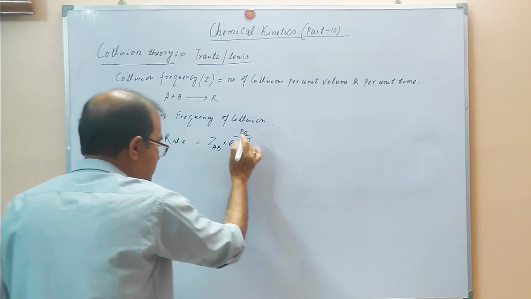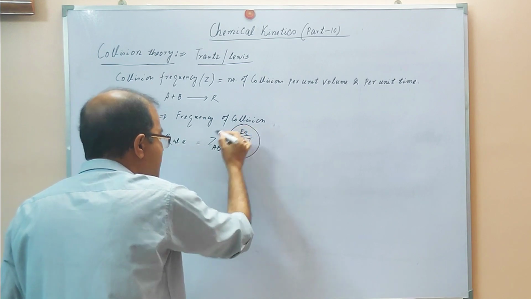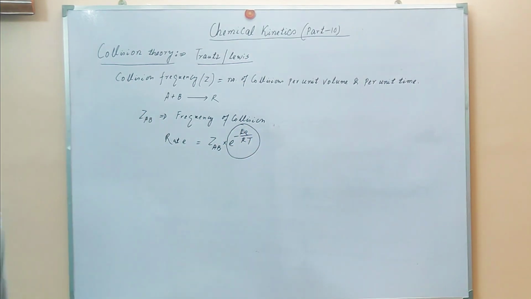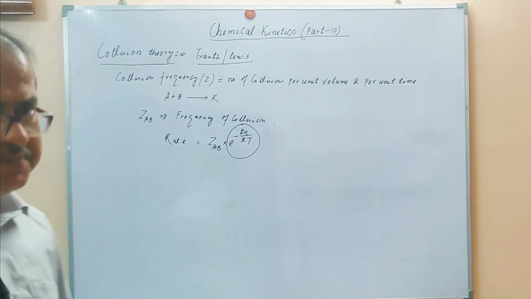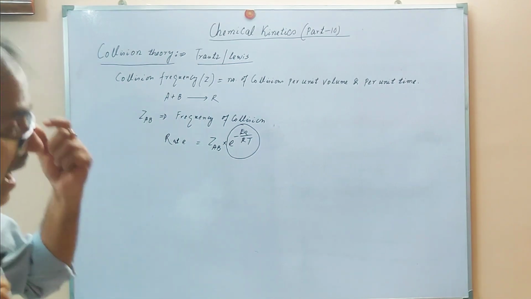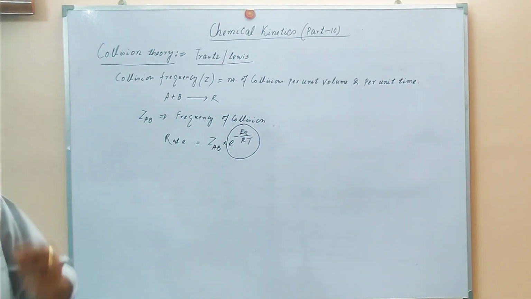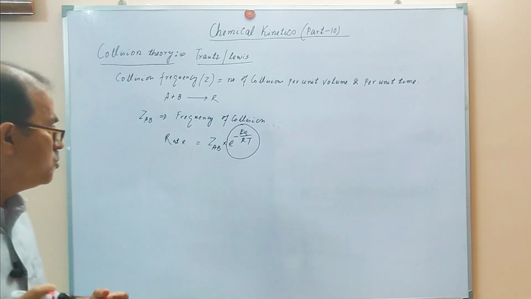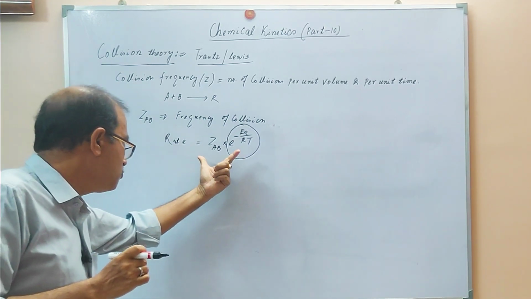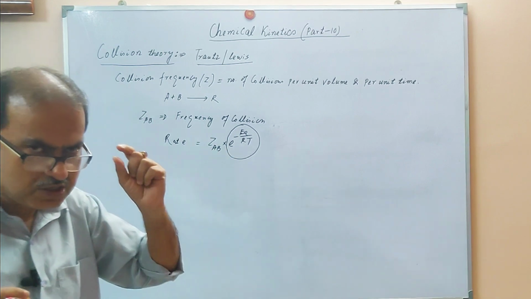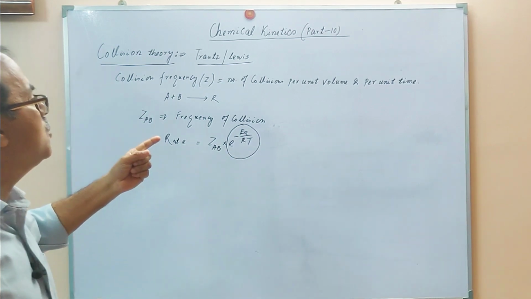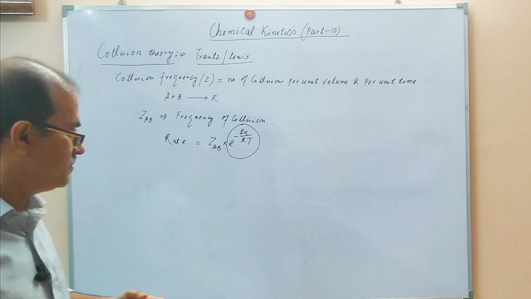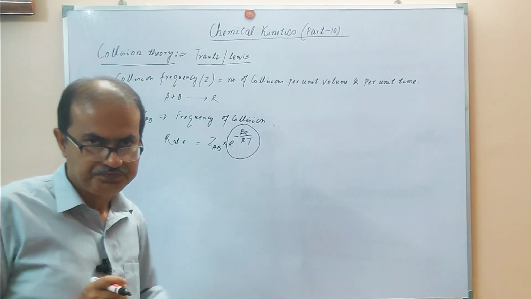This factor is the proportion of the molecules having higher energy, equal to or more than the activation energy. So rate is equal to JAB, that is the total frequency of the collisions, multiplied by this factor.